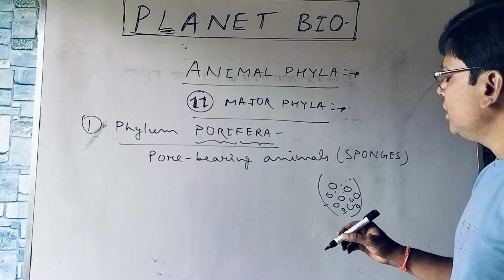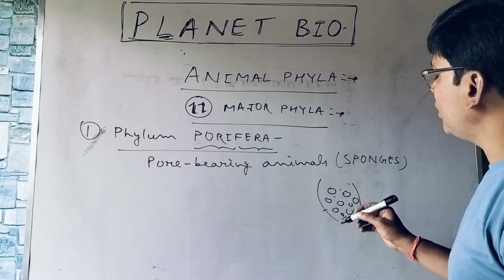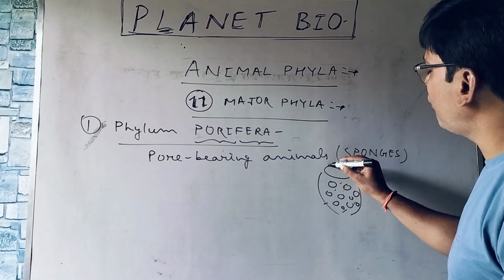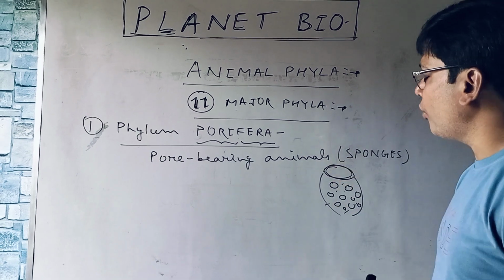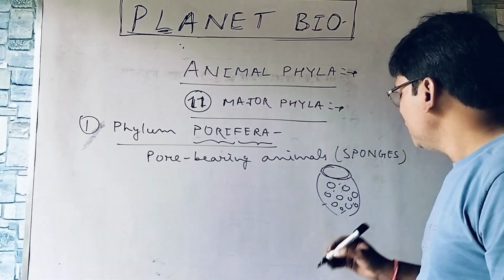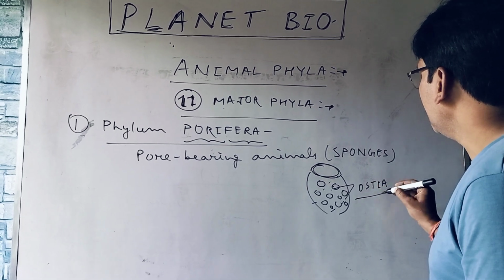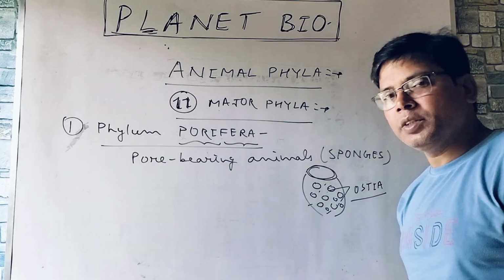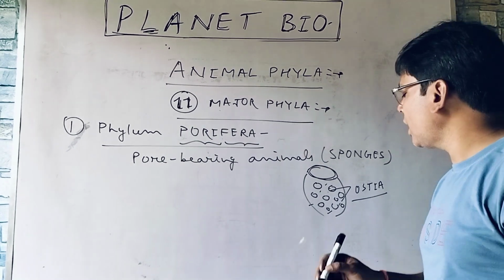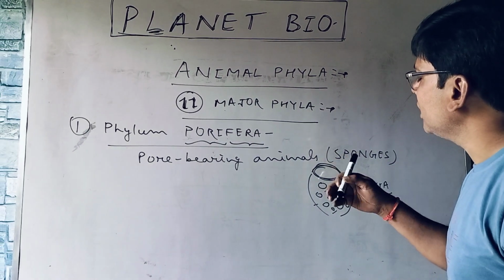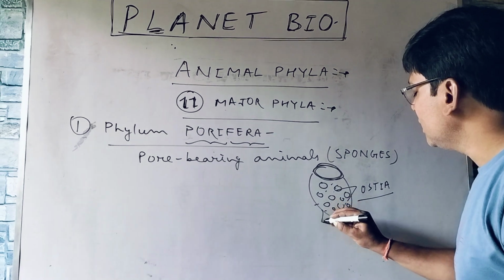The body cavity here is called spongocoel, and there is only one outgoing pore, you can say osculum. So these are ostia for entry of food, water, O2, etc., and osculum for the removal of wastes, right?